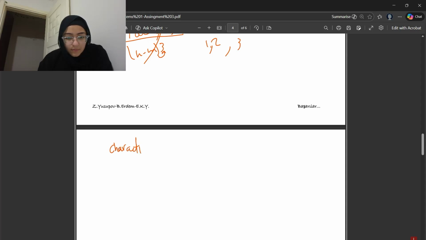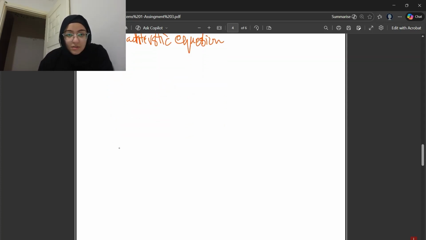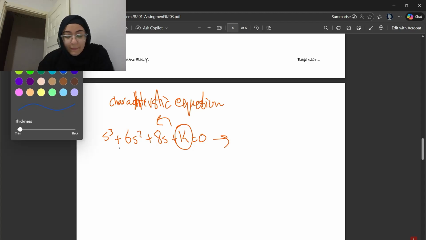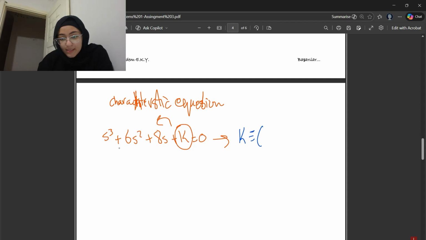The characteristic equation is s to the power of 3 plus 6s squared plus 8s plus k equals 0. We need k alone in order to take the derivative. K equals minus s cubed plus 6s squared plus 8s.